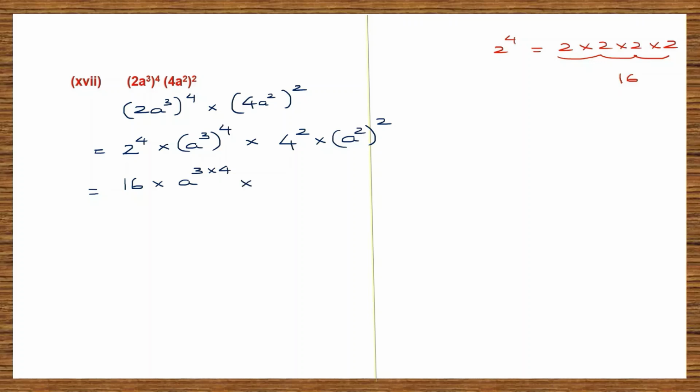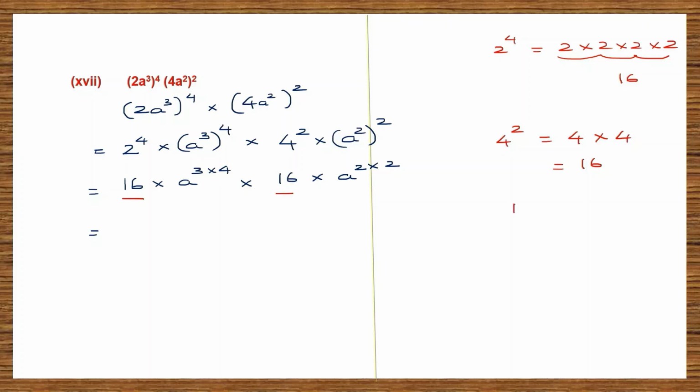Now 4 raised to the power of 2, what does that mean? 4 raised to the power of 2 means 4 into 4, which is 16. 4 4s are 16. So here also we write 16 into a to the power of 2 into 2. So 16 into 16. We're going to take the numbers first.